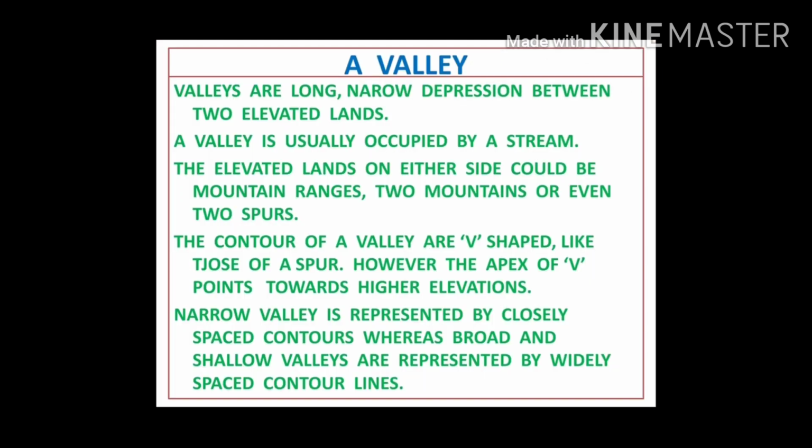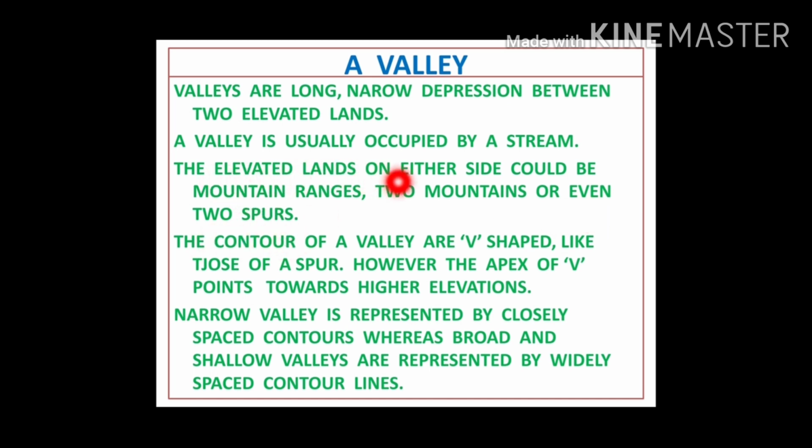Let's proceed. Next one is a valley. Now children, you are very well acquainted with what is a valley. Valleys are long narrow depressions between two elevated lands. A valley is usually occupied by a stream. The elevated lands on either side could be two mountain ranges or even two spurs.